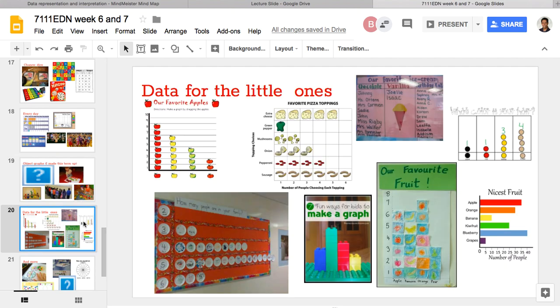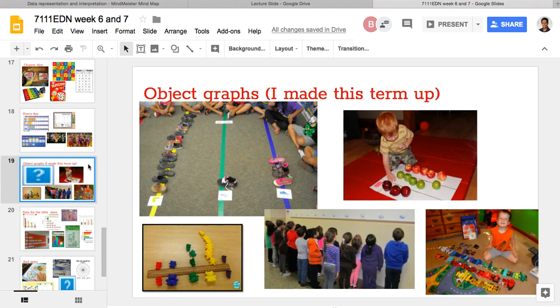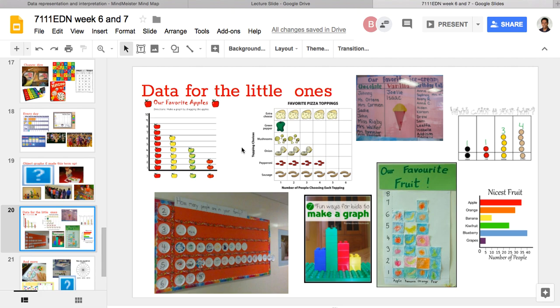Okay, excellent. Now, in terms of data for the little ones, where we had these object graphs, where we would go next are more pictorial representations. So, for example, here's a great activity. You might be integrating with home ec again, and you're interested to find out, rightio class, we're going to make pizzas, but we don't want to put foods that we don't like.